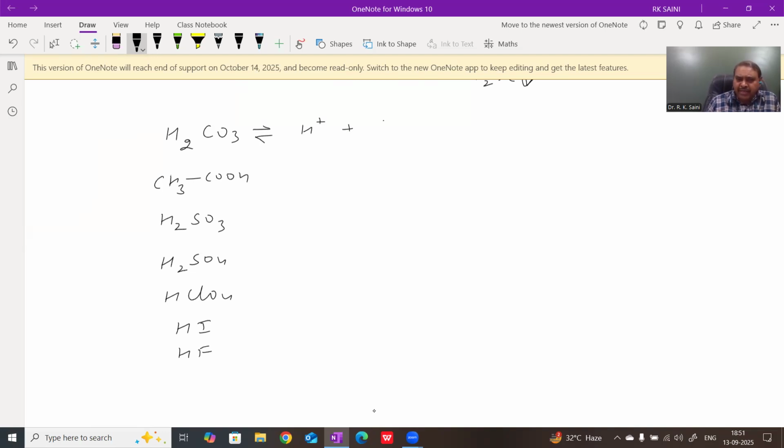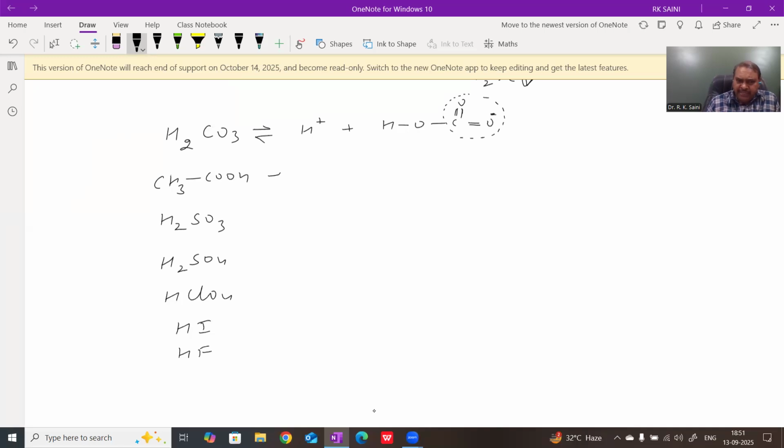After removal of H plus ion, the conjugate base, bicarbonate ion, has two resonating structures in which the negative charge disperses over both oxygens.